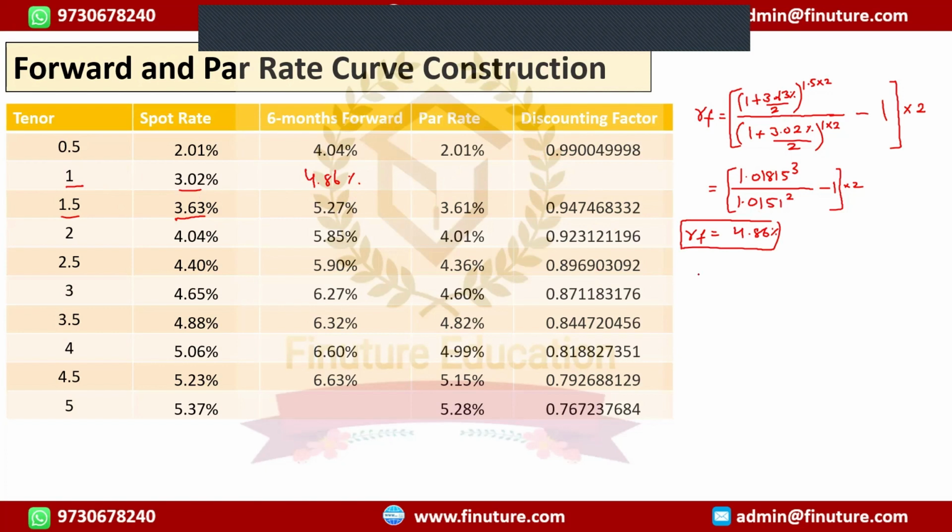For 1 year, we will calculate the discounting factor. Usually the discounting factor is denoted by D. How do you calculate it? It's 1 upon 1 plus your spot rate, like how we did over here: 3.02% divided by 2 to the power 2.